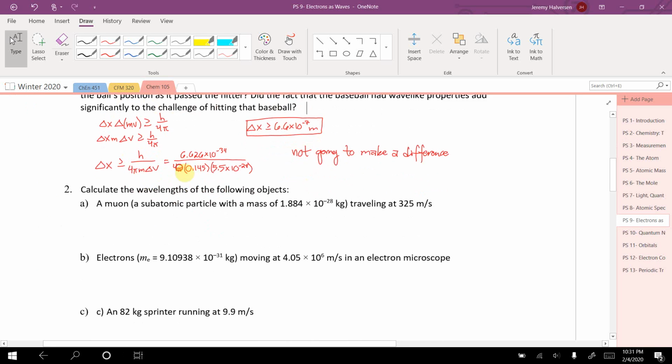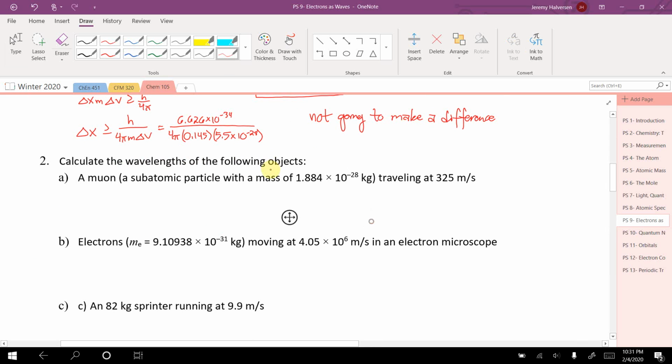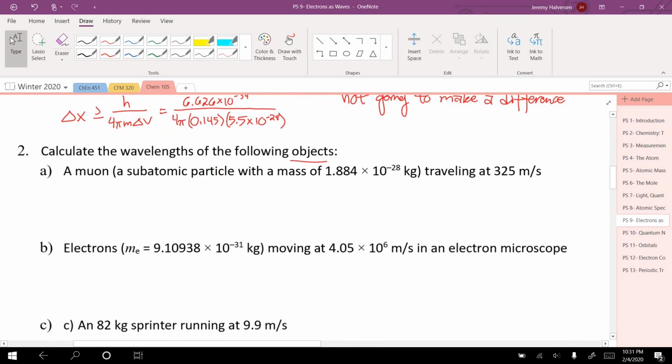We're going to calculate the wavelengths of the following objects. Now these are objects, not photons, and so we're going to use the de Broglie wavelength equation over and over and over again. So again, wavelength equals h over mv. In this case, a muon, we've got a mass of 1.884 times 10 to the negative 28, and a velocity of 325.